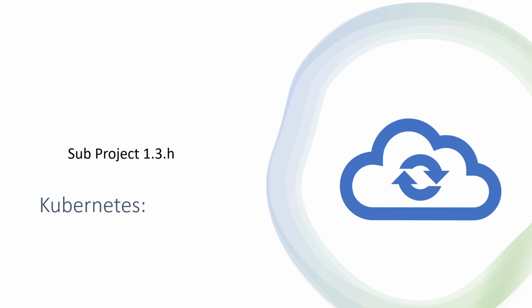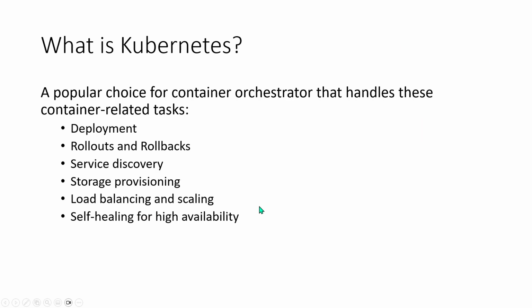Now here in detail, we're going to see Kubernetes. And the first thing to start with is what is Kubernetes. Now, Kubernetes is a popular choice for container orchestration. Now, what is container orchestration is to control the containers and do a lot of automations with that. Like you will be assigning Kubernetes to manage those containers.